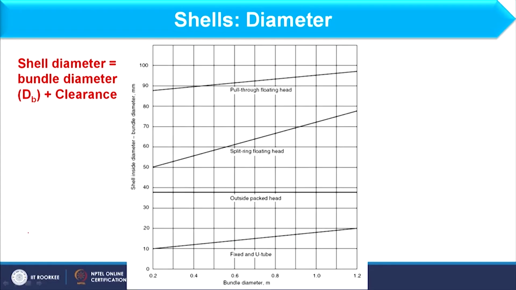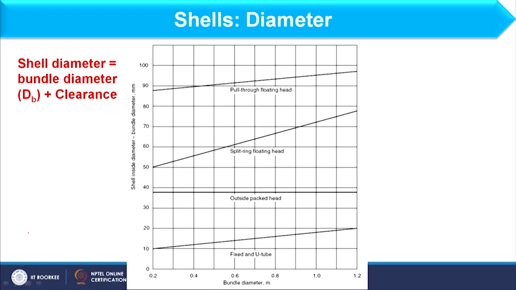So once I am having the bundle diameter, I have to calculate the clearance. Okay. And that clearance, you should understand, is basically the difference between bundle dia and shell inside dia. Okay. If I am speaking about shell dia, I mean it is shell inside dia, not the outside dia, right.